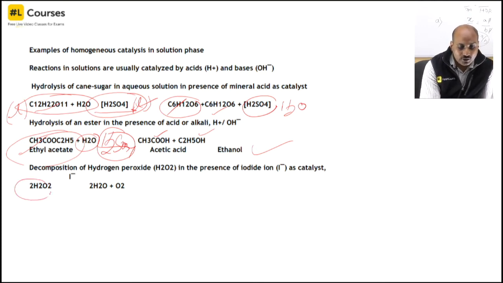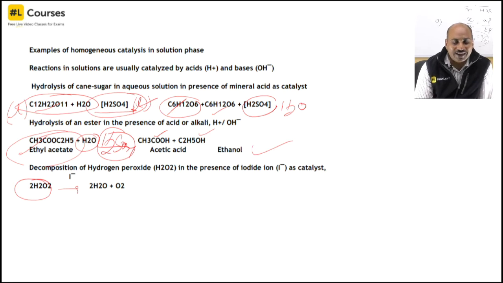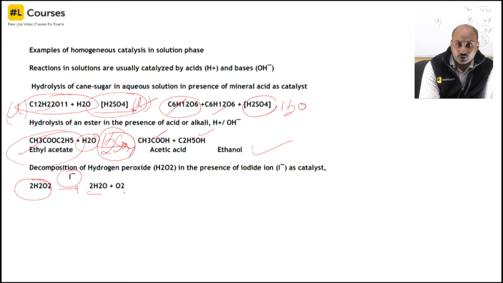Similarly, when we talk about another example, this is the hydrogen peroxide decomposition. Decomposition means all of you know that it loses its character and gets into a new product. That is what we talk about. Here in this case you can look over here, I am taking the iodide ion, not an iodine molecule of gas, and that is very important.